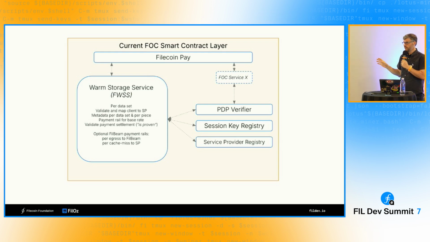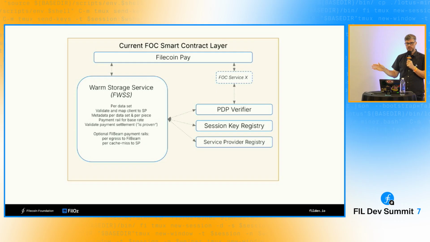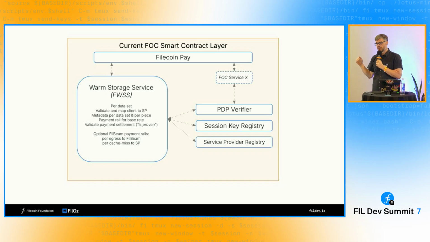Now, PDP Verifier is a very focused contract that all it really cares about is verifying storage. So the SP software, primarily Curio, interacts with that contract only, and the software registers data sets, which are essentially like PoRep sectors, but they are expandable.